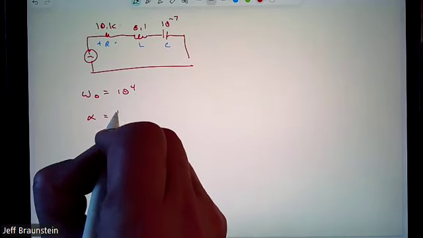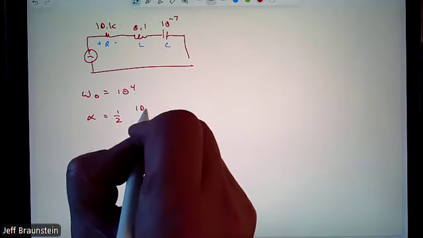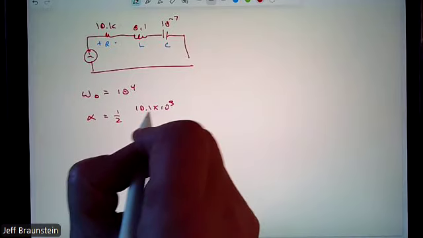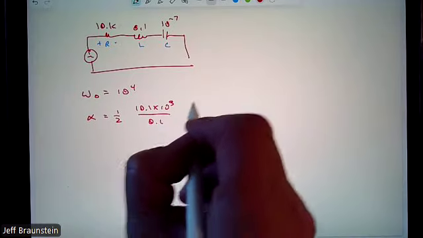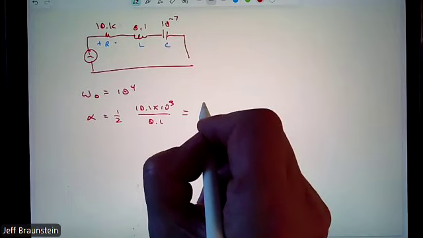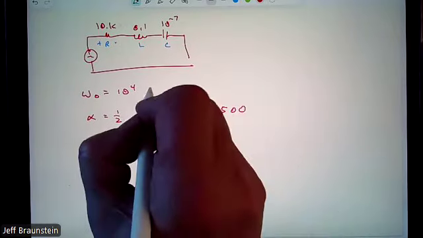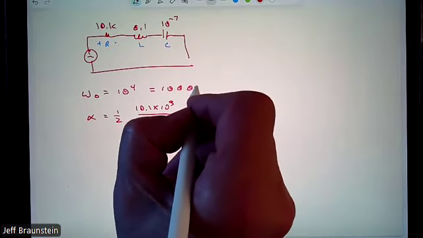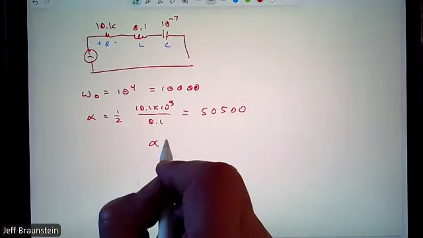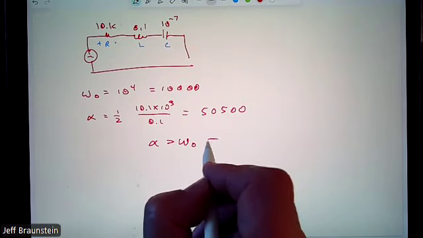Alpha is 1/2, 10.1 times 10 to the 3 over 0.1, and we get 50500. This is 10,000. Alpha larger than omega naught, overdamped.